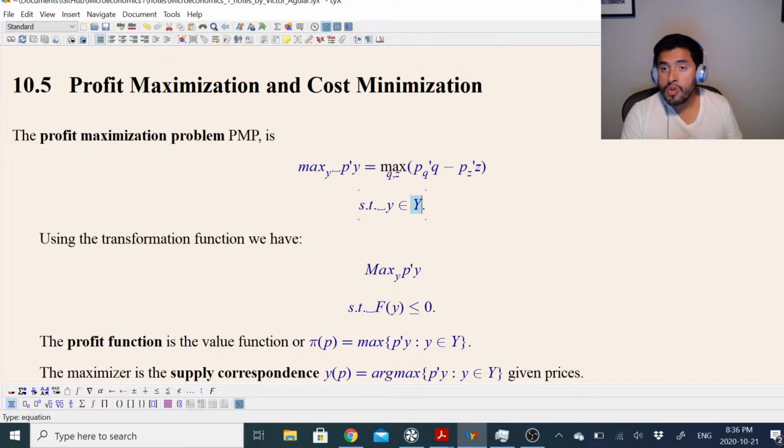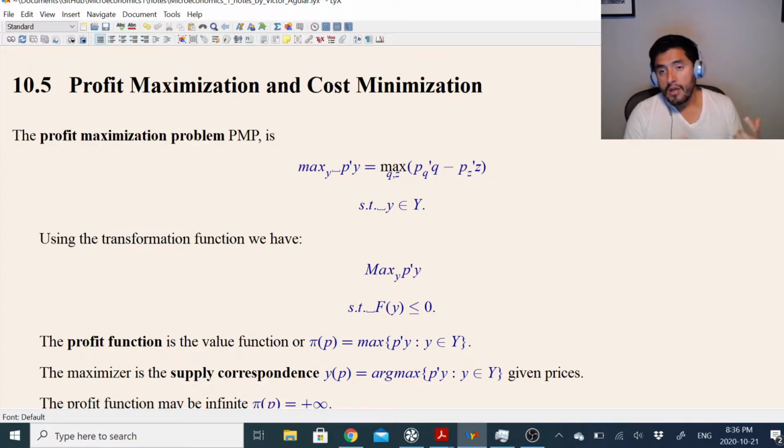So notice that I'm not assuming that Y is compact, because it's not compact. Notice that by free disposal it is unbounded from below. But this set is a convex cone that is closed, and this is enough for proving that a maximum exists. So this is the mathematical parenthesis for the most advanced students.